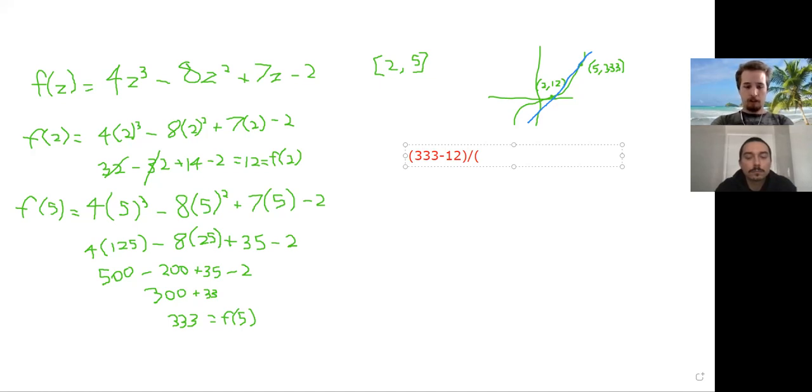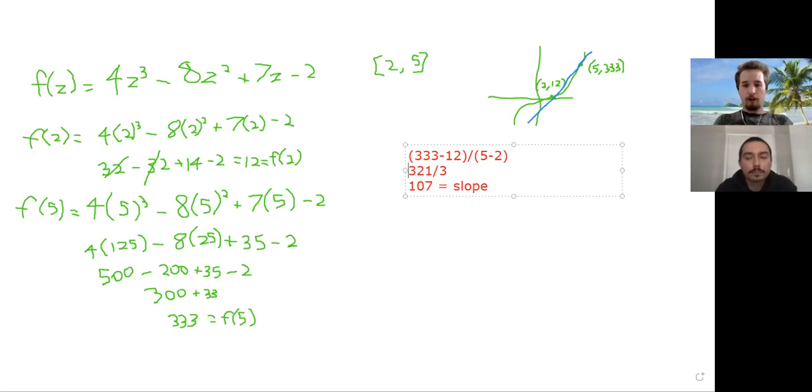And so our change in x values is 5 minus 2. And then from there, 321 over 3 is our slope. And then when we divide that out, we get a slope of 107.